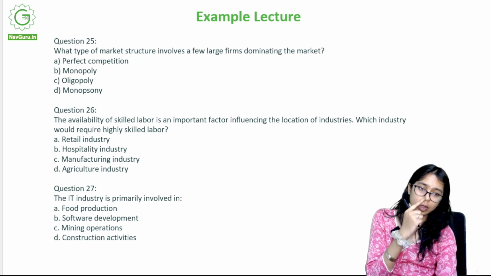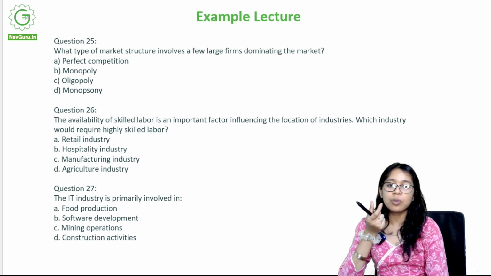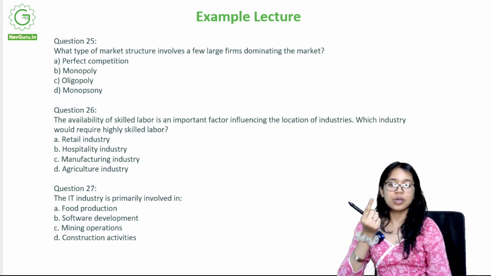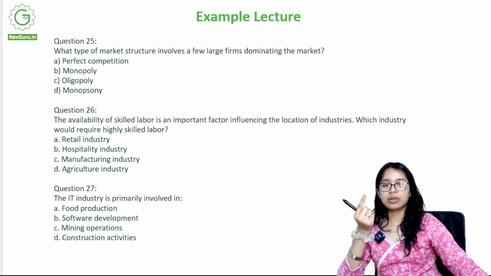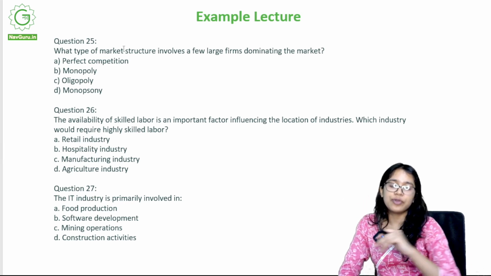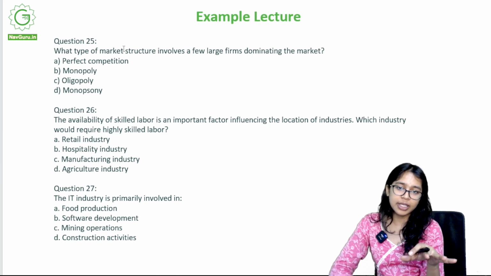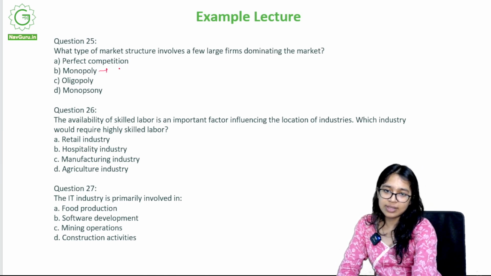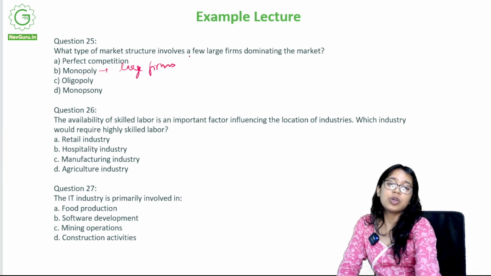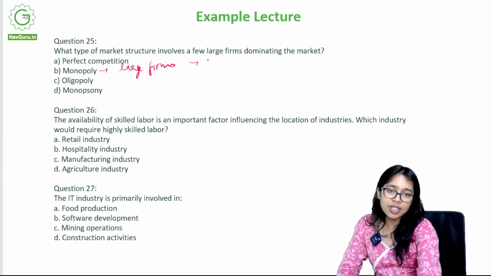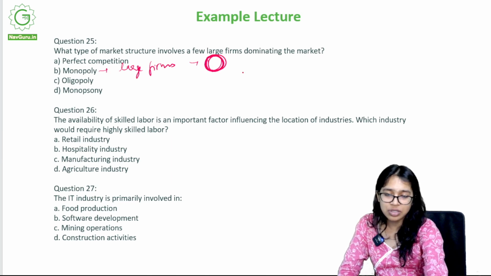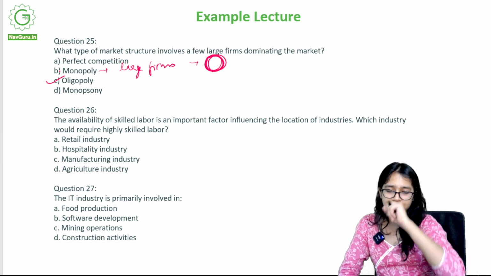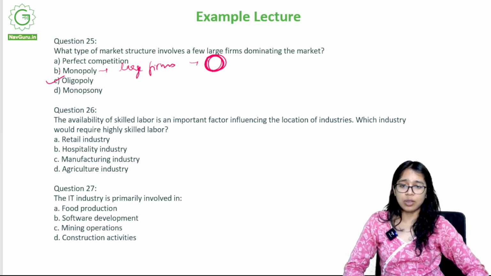But the word mono itself means one, so that is not what we are looking for, because even if there are a few large firms dominating the market, it's somewhere where the person has a choice. It will be a monopoly if all these large firms are controlled by just one organization at the end of the day, but that's not mentioned. Hence the right answer is C, oligopoly.